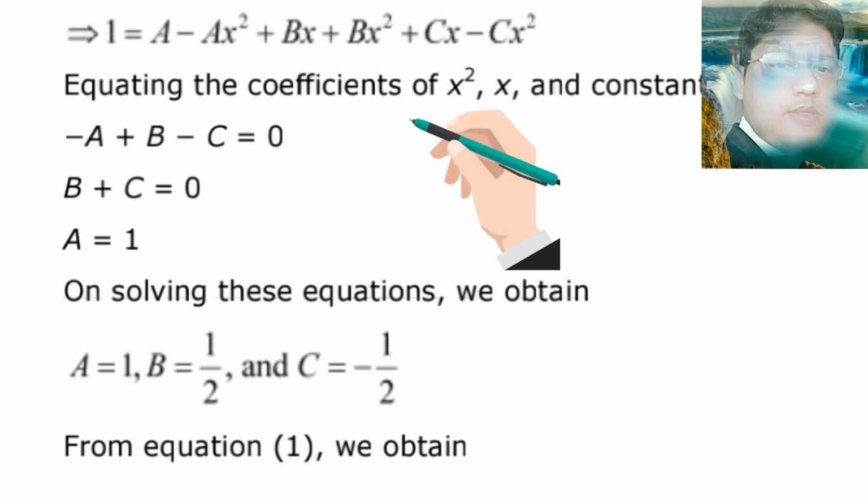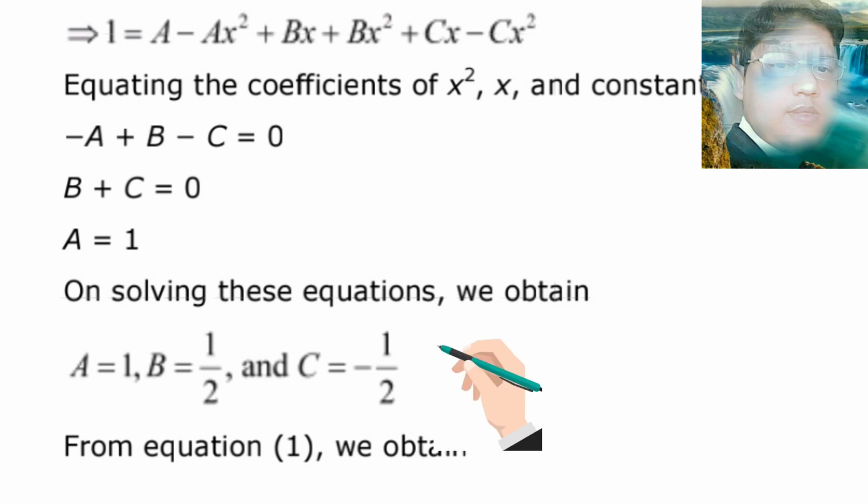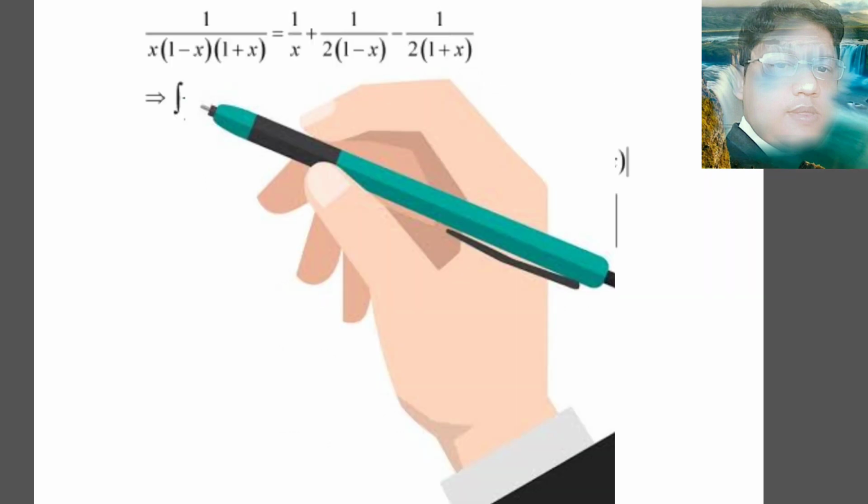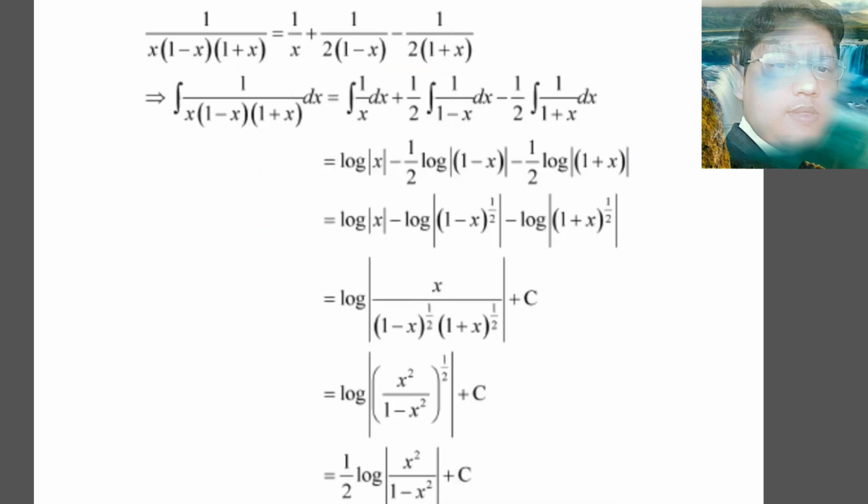Now equating the coefficients of x square, x and the constant term, I get minus a plus b minus c equal to 0, b plus a equal to 0, and a equal to 1. On solving, a equal to 1, b equal to half, c equal to half. If I substitute all the values in equation number 1, then I get 1 upon x plus 1 upon 2 into 1 minus x, plus 1 upon 2 into 1 plus x.